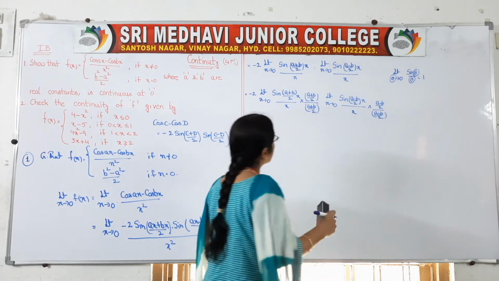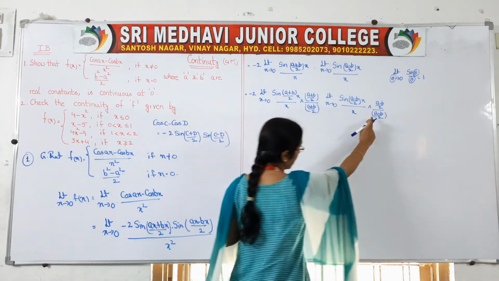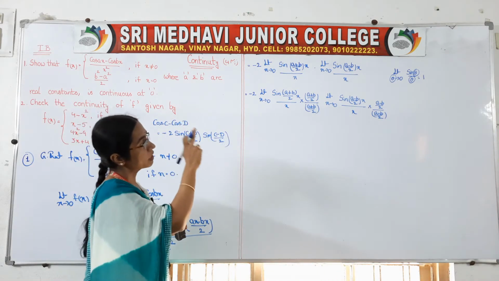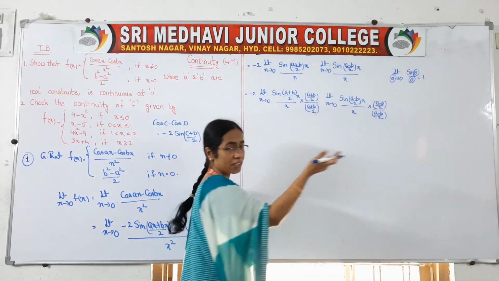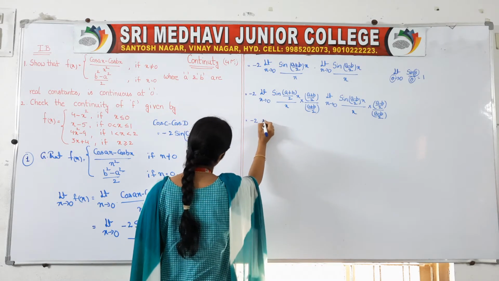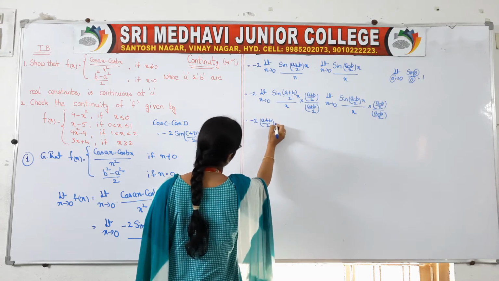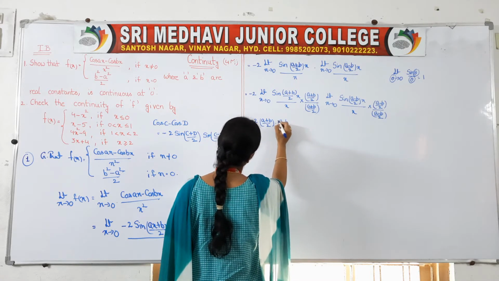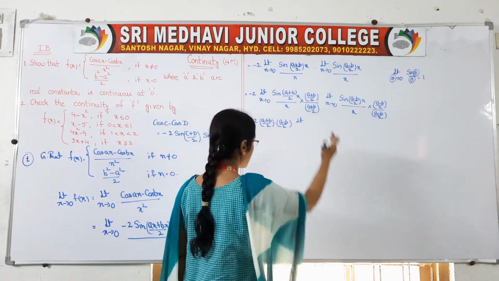Okay. So this a plus b by 2 comes along with this x, a minus b by 2 comes along with this x. We don't want those, and they are constants, so we can write them outside. So it is equal to minus 2 into a plus b by 2 into a minus b by 2 into limit x tends to 0.